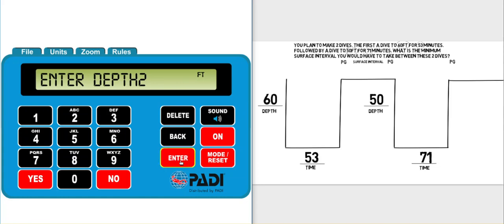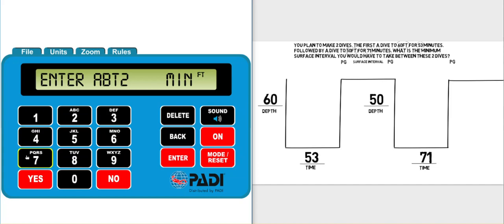I can click enter, and now it will ask me for the depth of the second dive, which is 50 feet, and the adjusted no decompression limit, the maximum time I could spend at 50 feet, based on the fact it's a repetitive dive, would be 73 minutes. Now, the question's told me I'm planning on spending 71 minutes, so I need to press the enter button to get past that warning screen, and then it's asking me for actual bottom time dive 2.